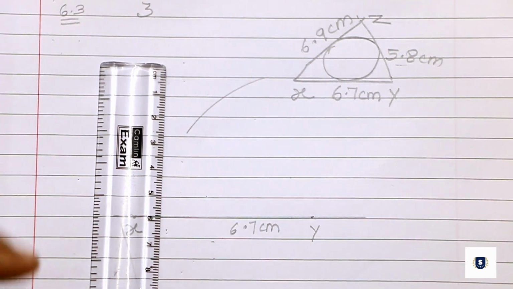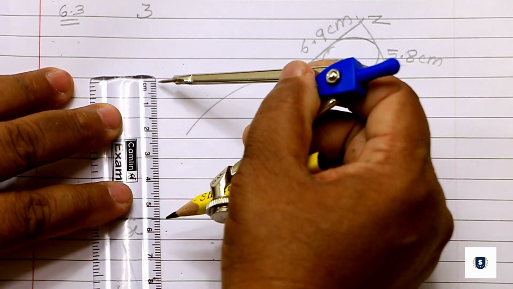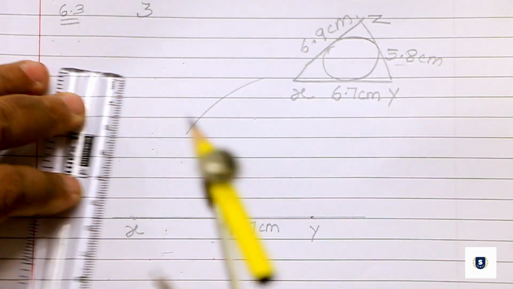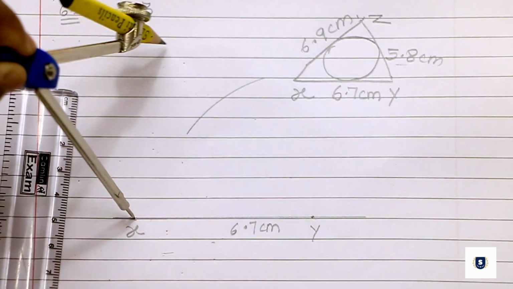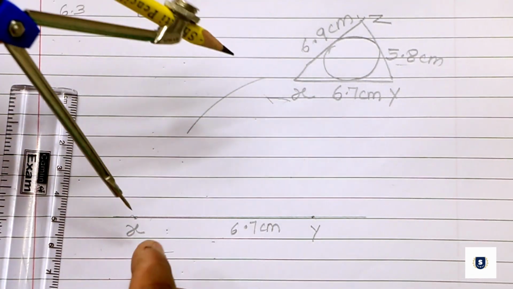Give an arc. This side 6.9. Keep at X and 6.9.